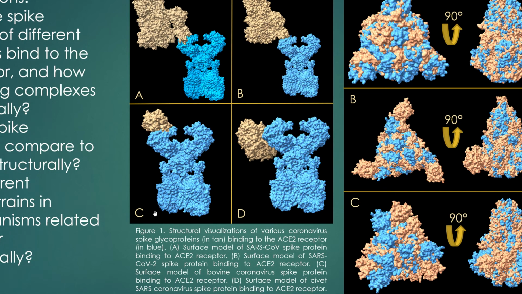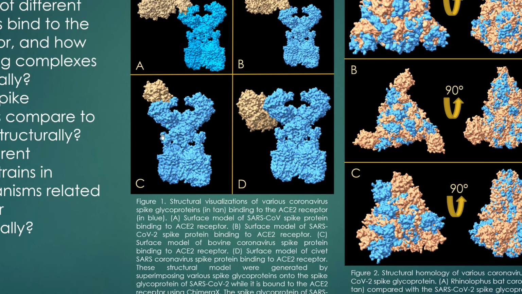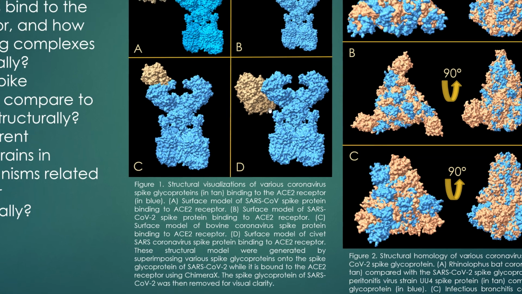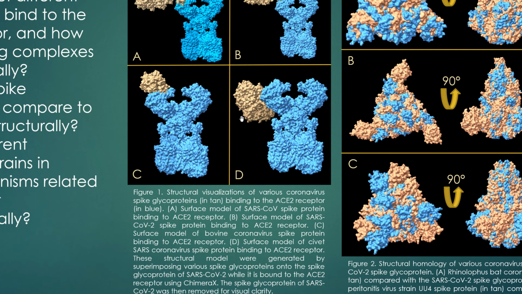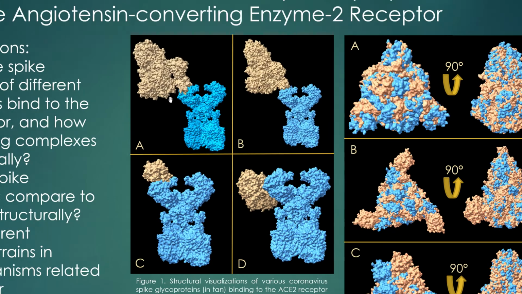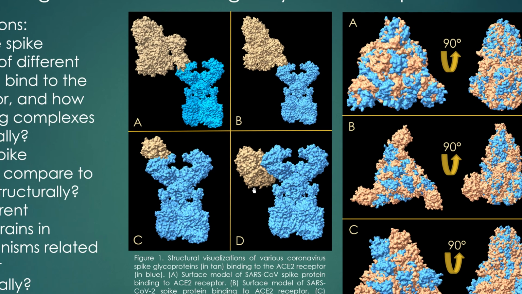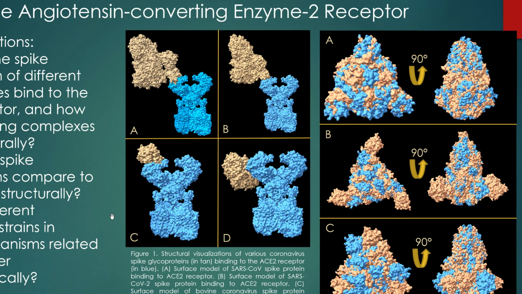And then panel C shows the bovine spike glycoprotein binding to the ACE2 receptor. And then panel D, I think it's civet. Yeah, the civet SARS coronavirus spike glycoprotein. Notice they bind in a similar fashion to SARS-CoV-1 and 2, but they're just slightly different, especially panel D. It shows a little bit different in civets.